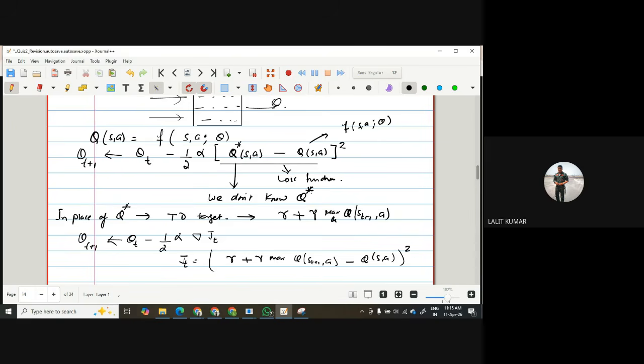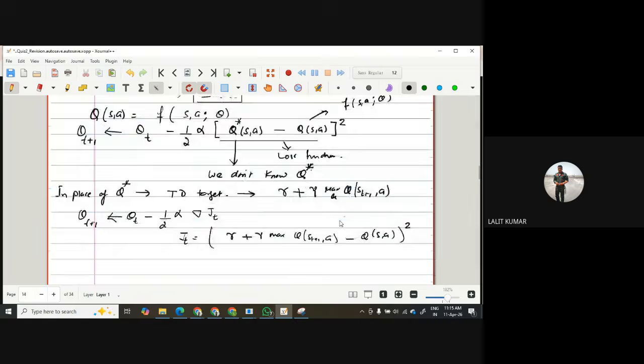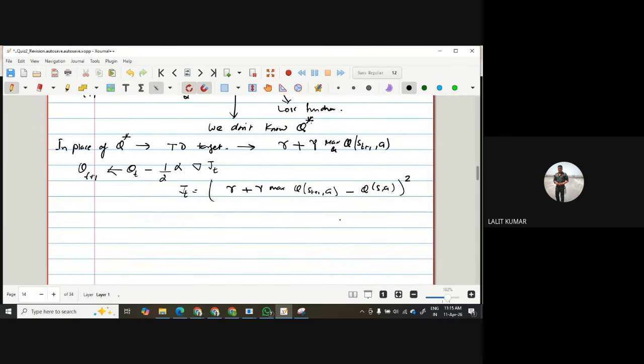Is that okay? Now I can write this J_t is equal to R plus gamma max Q(S_{t+1}, A) minus Q, which is a function of S, A and phi.